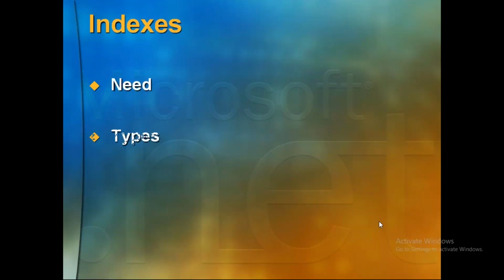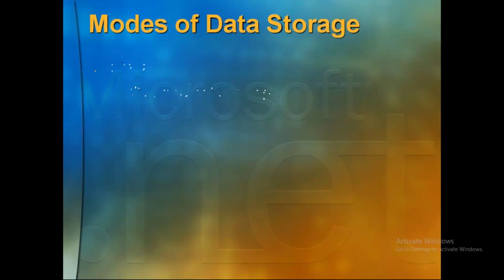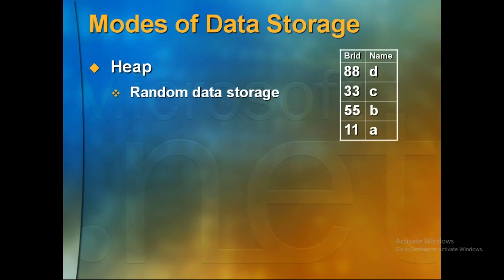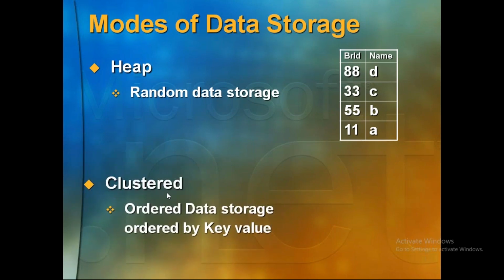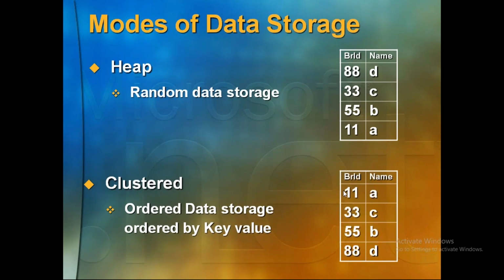Now, we were also discussing modes of data storage. Random data storage is heaping. Heaping means it doesn't have any kind of structure. Data is not sorted internally in the data pages. But when you create a clustered index, what happens is that the data is stored in order by the key value. Okay, so 1 1 3 3 5, something like this.